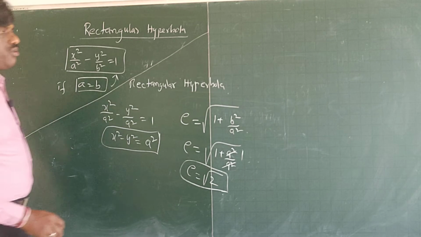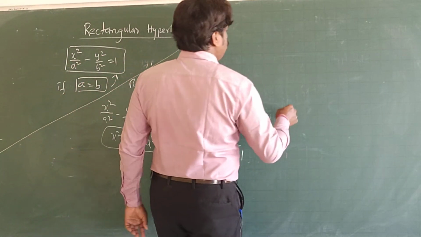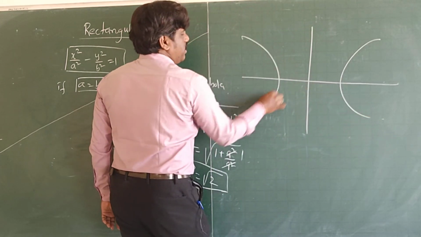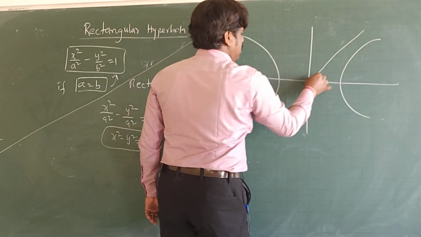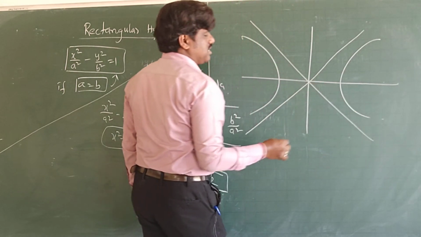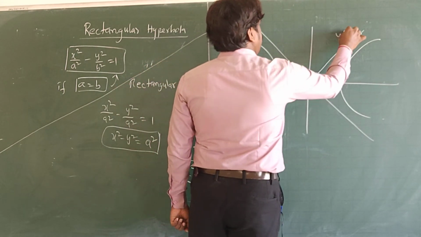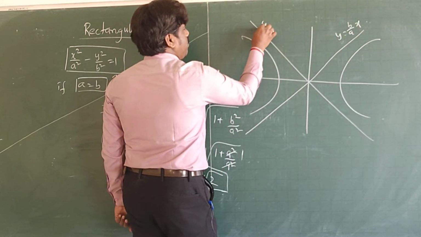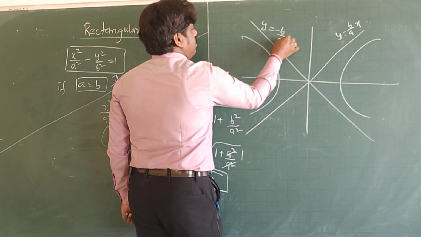And what are the asymptote equations here? You know that in a hyperbola you have the asymptotes. What is the asymptote formula? y is equal to b by a into x, and y is equal to minus b by a into x.